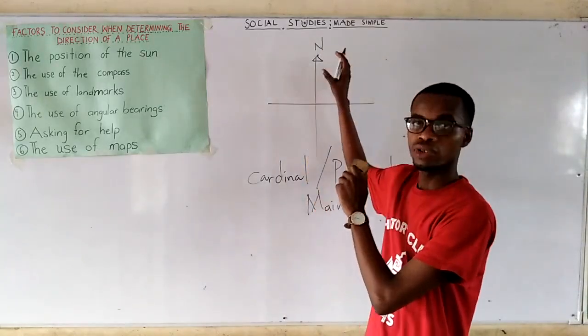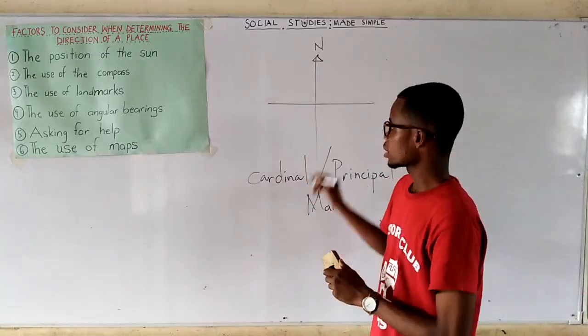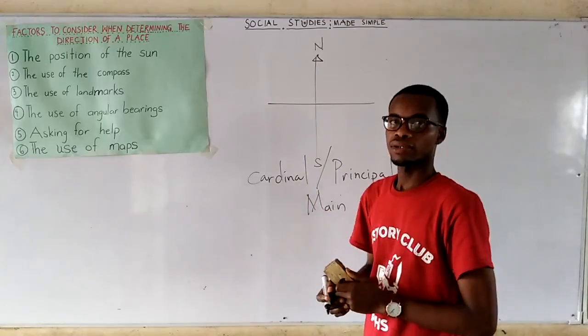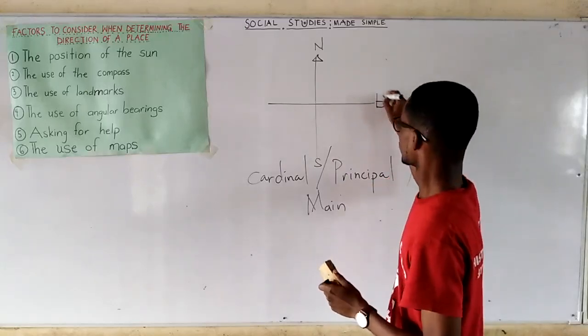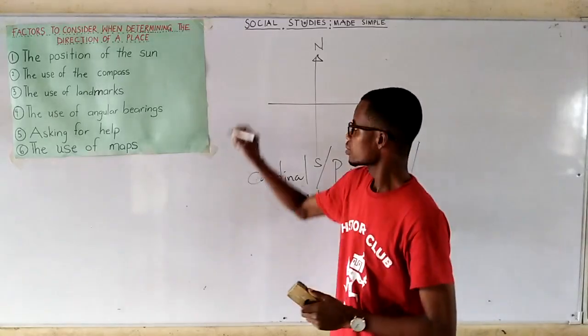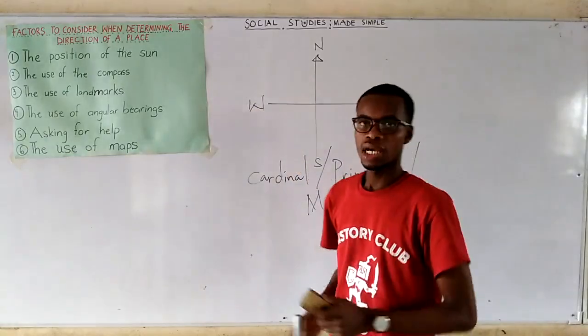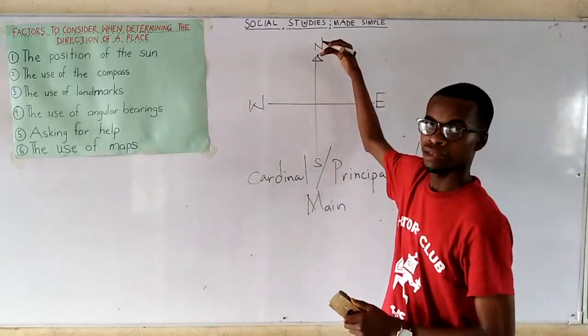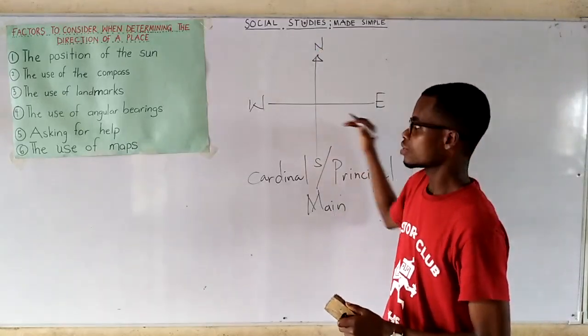So when you're able to locate the north, you can get the rest. The direct opposite of the north is the south. Then we have the east and the west. So these are the four.